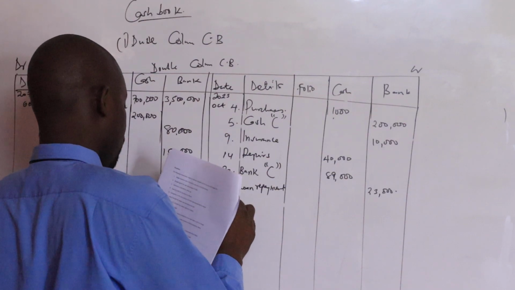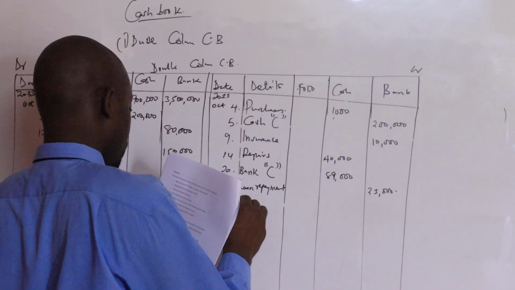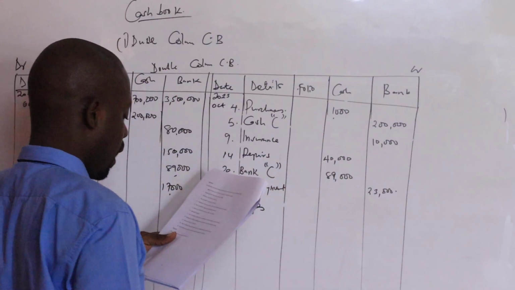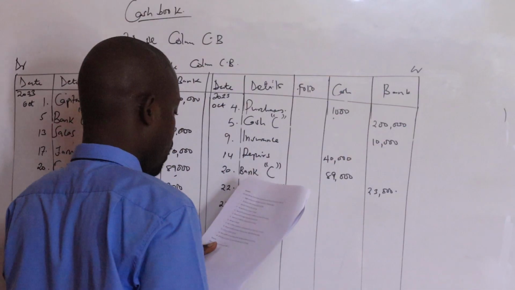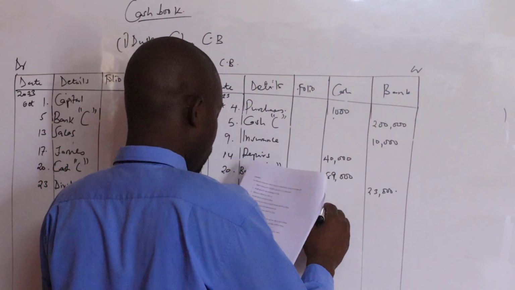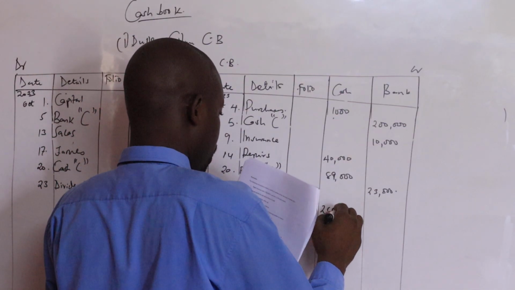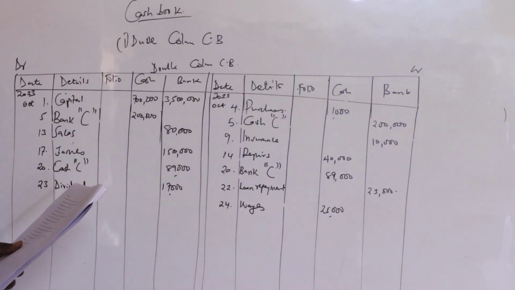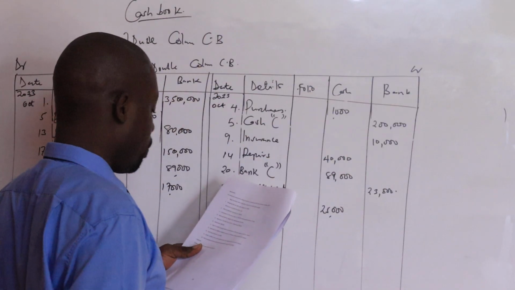And then on 24th, paid cash to laborers 25,000. I will call it wages. We are paying them 25,000 by cash, so our cash column has to be reduced by 25,000. Then paid 16 to county government for single business permit.